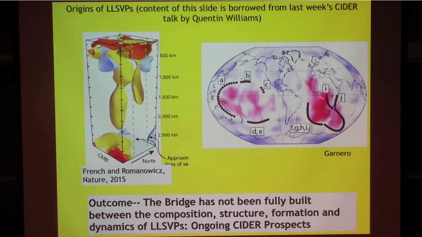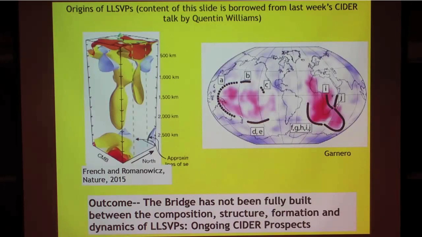The LLSVPs give us a very large scale structure that is thought perhaps to be very long-lived, thought to have sharp boundaries in places, have quite a bit of complexity and structure to them, and may actually be an indicator of some long-lived heterogeneity in the lowermost mantle.